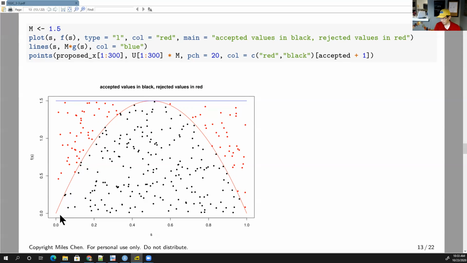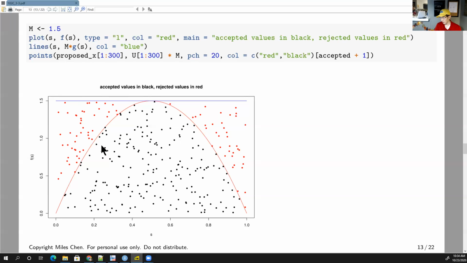In regions near 0, the uniform distribution will propose values like 0 just as likely as values like 0.5. But if it proposes a value like 0, the beta 22 distribution says it's almost never a value like 0. So the only way it's going to accept a value near 0 is if the u value comes in less than that ratio, which is f divided by m times g of x.